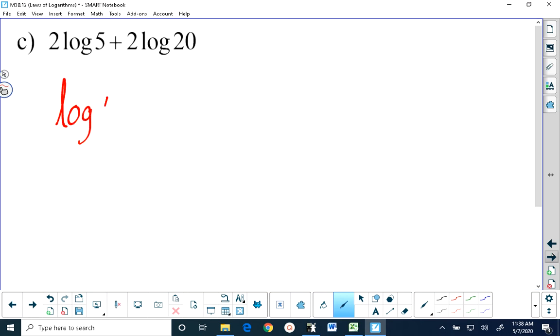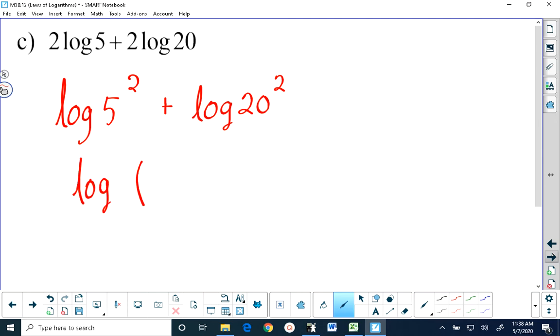We're going to move the coefficients that are out in front of the logarithms up as exponents. So we are doing the opposite of the power rule. Now we can put these together and write a single logarithm of the product of 5 squared and 20 squared.